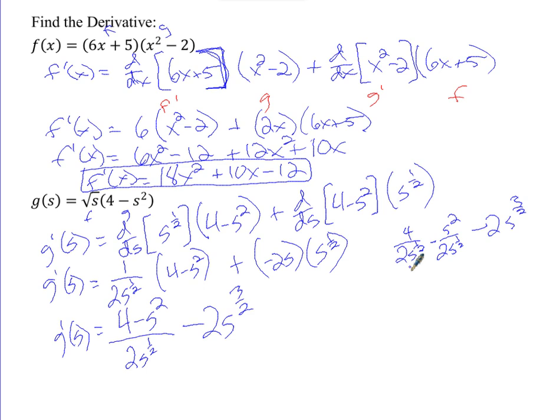So this becomes 2 over s to the 1/2 minus, there's a 1, 2 divided by 1/2 in the exponents. We subtract, so we get 3/2 in the denominator or in the numerator? In the numerator, it's a positive 3/2. So it's 1 s to the positive 3/2 over 2 minus 2s to the 3/2. Do we have like terms here?